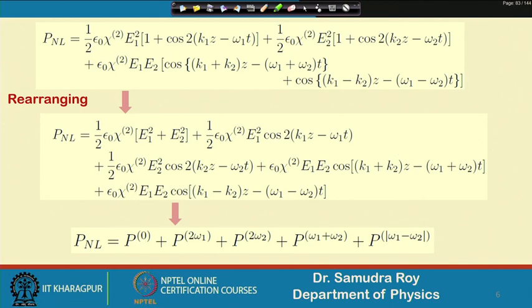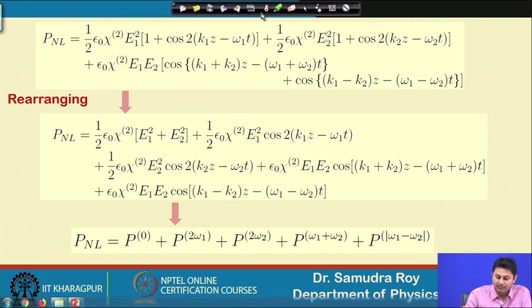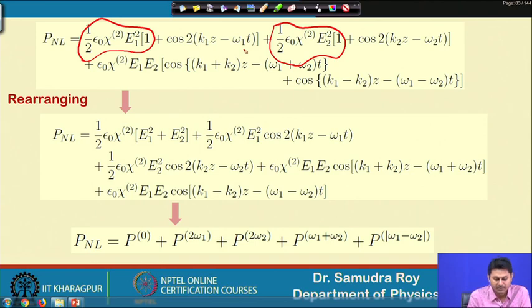Okay. So, now we have already figured out all these terms, and now I am rearranging. This is the previous term which we have already mentioned. Rearranging means nothing but I just take this constant term, the frequency independent term, and add them up.